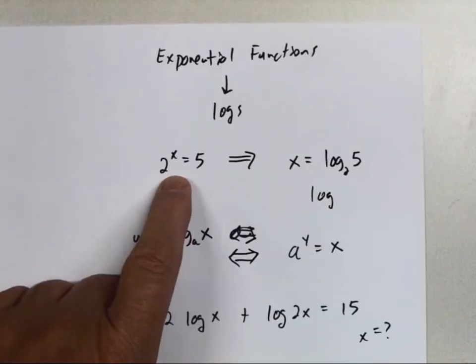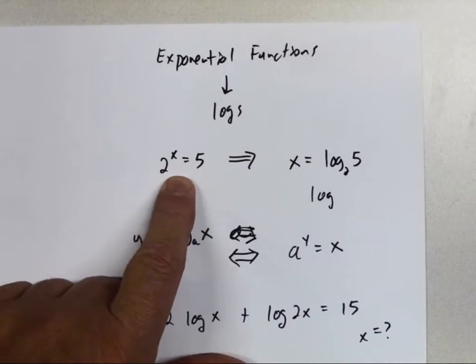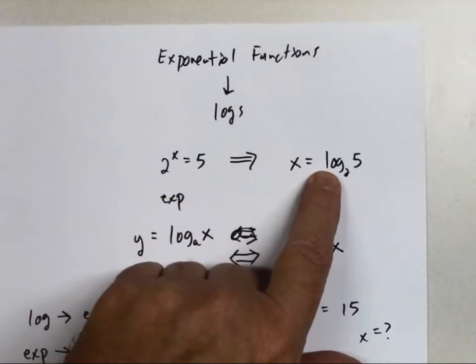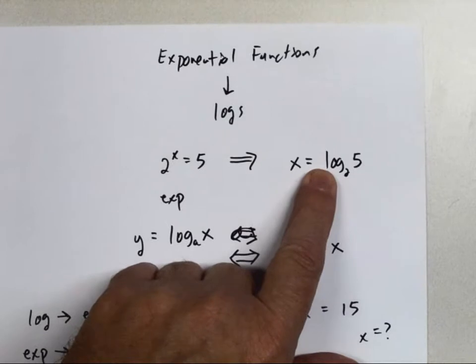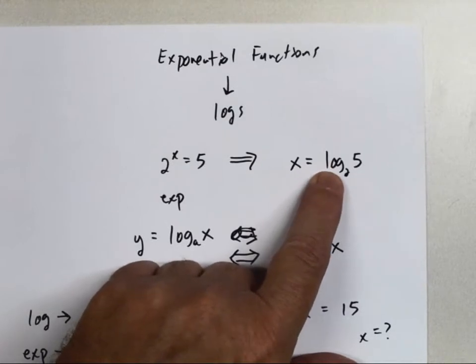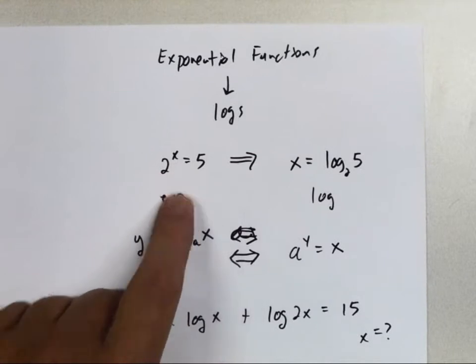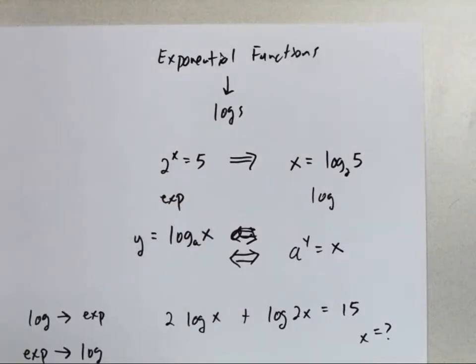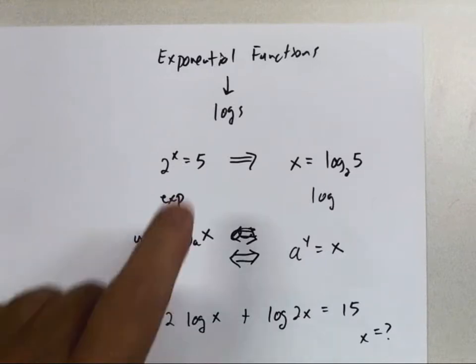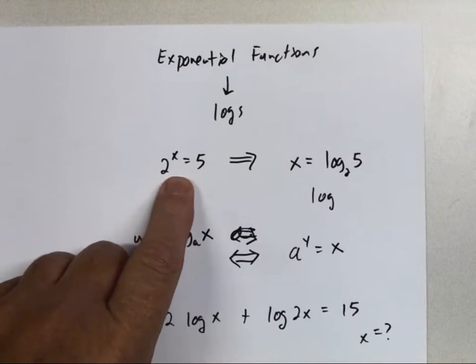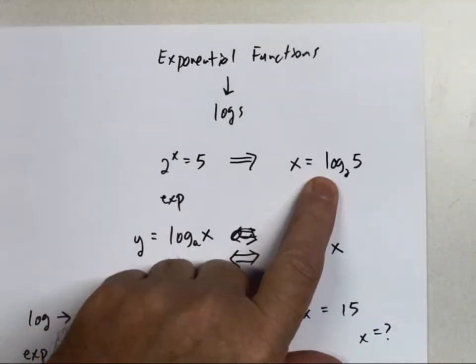So that is, if you're given an exponential equation, you need to know how to rewrite it as a log equation. Other times, you're given a log equation and you need to rewrite it as an exponential equation. And that's why in the homework and on your quiz and even on the test, you will have problems where the problem simply is, here's an exponential equation, rewrite it as a log equation.